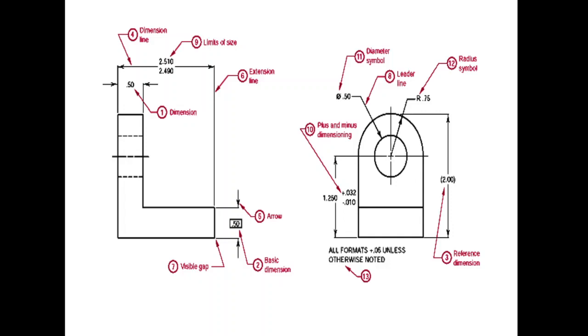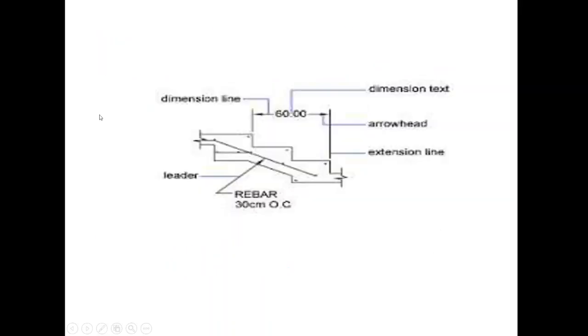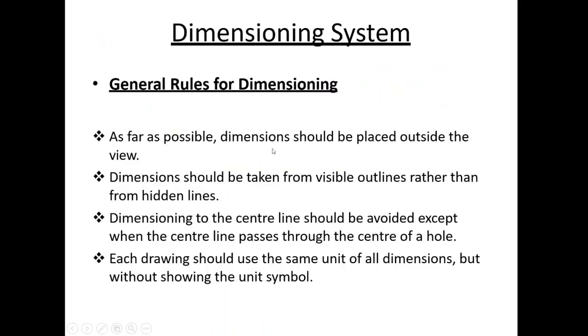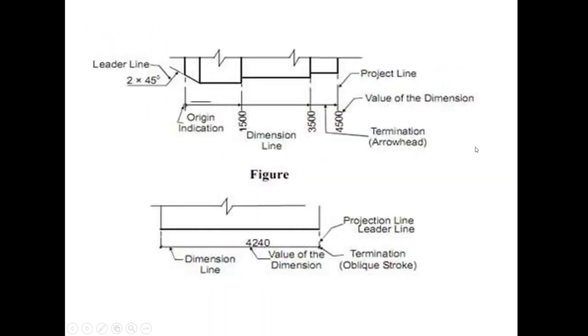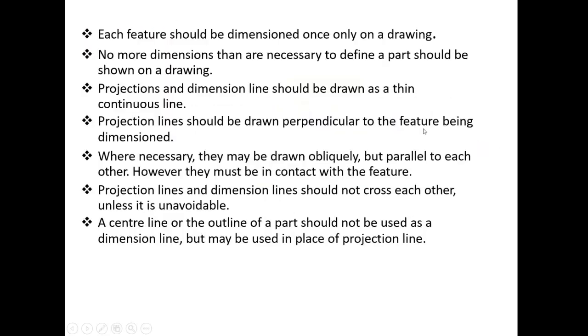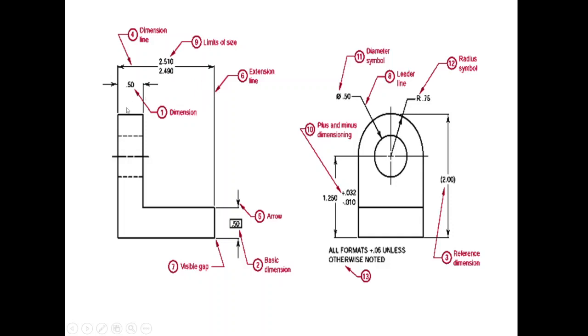Again we will revise the points which are in the dimensioning system. First we have seen dimension should be placed outside the view. See, we should not write the dimensions inside the view. We should give dimensions outside the view. Then with the help of projection lines, dimensions are given.